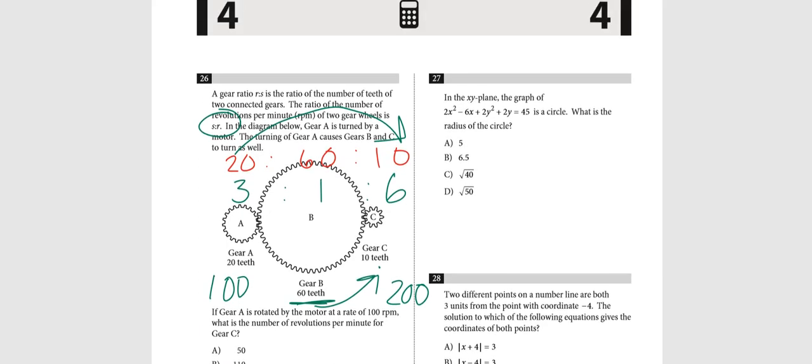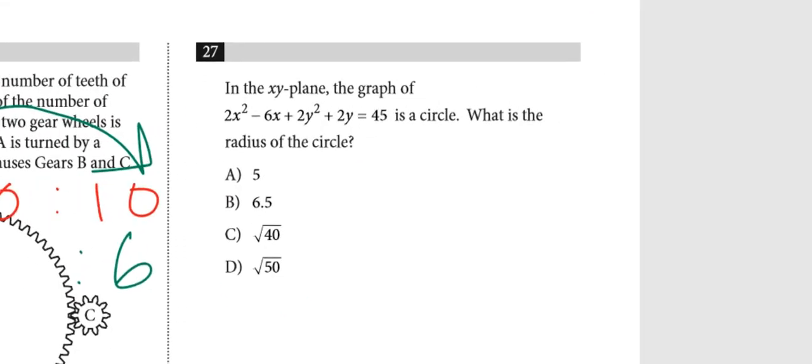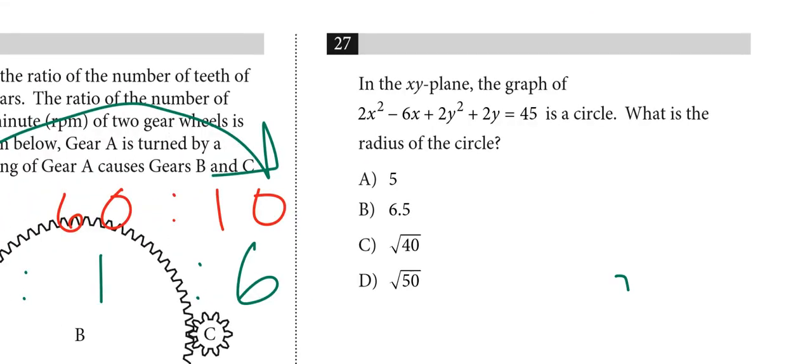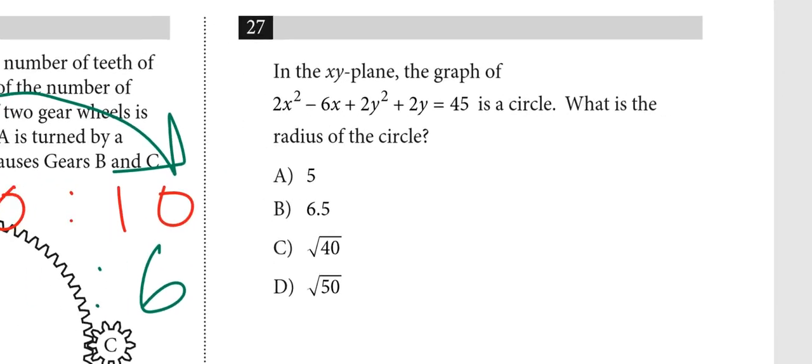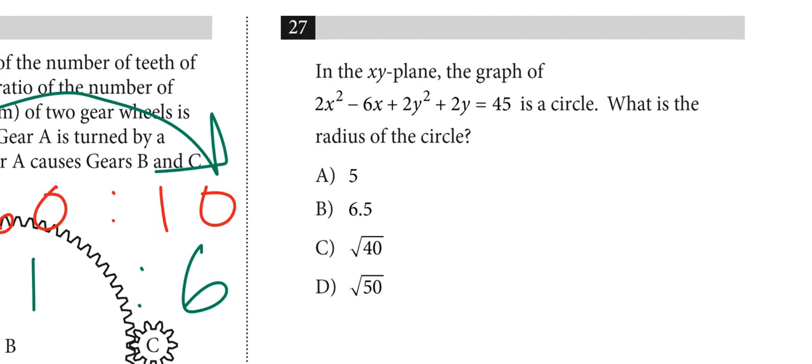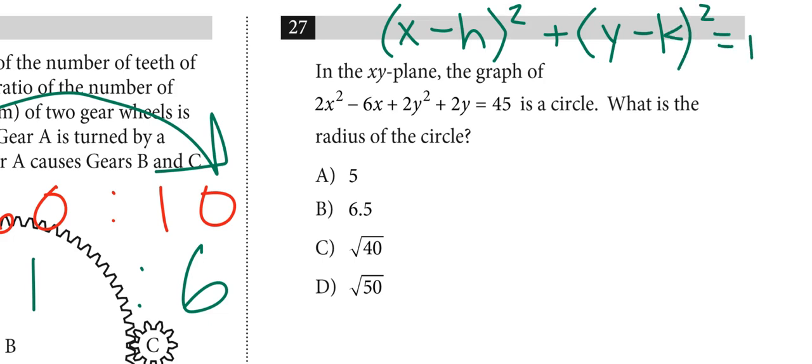But okay. Question 27. In the XY plane, the graph. Make this our last one, I think. What is the radius of the circle? Okay, so for those of you who are not aware, you have probably seen this before, but you might not have talked about it like this.